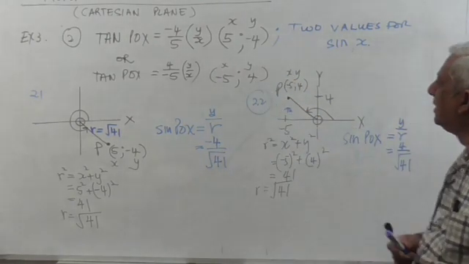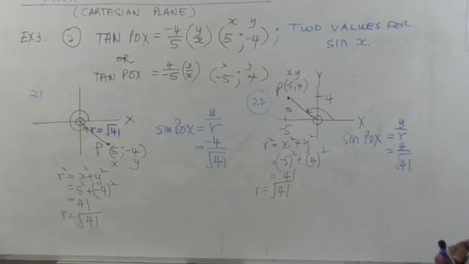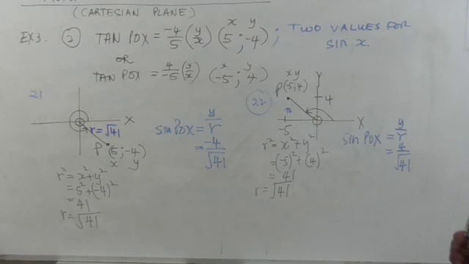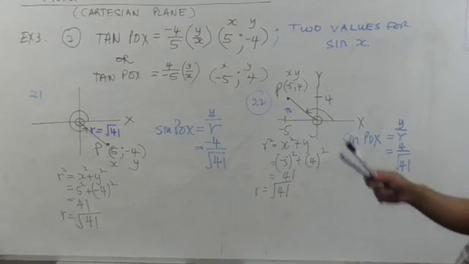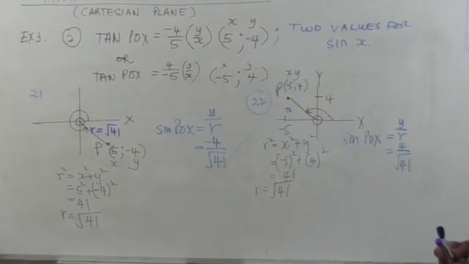This one is actually in the second quadrant. So take your time and work it out like that. So remember, most of the time there is two possibilities unless there is a restriction. So here there was no restriction, therefore there's always two possibilities.